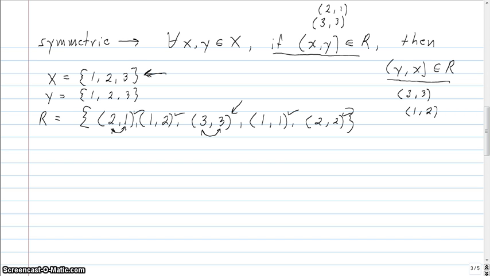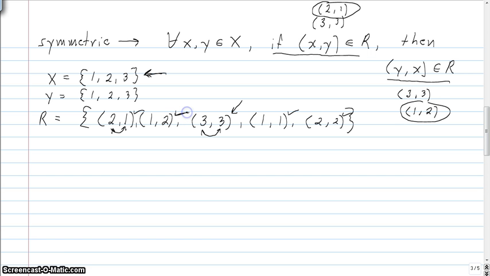What I had just finished verifying at the end of the last video is that when we have (x, y), which was (2, 1), if we had (2, 1) in the relation, then in order for this to be symmetric, we also have to have the element with these two reversed, and (1, 2) is also there.